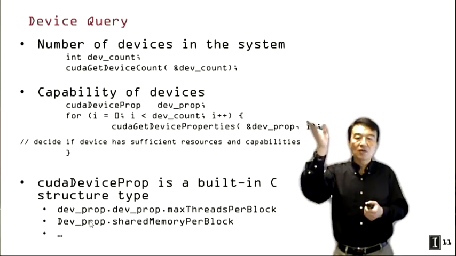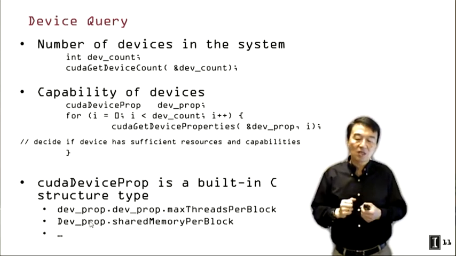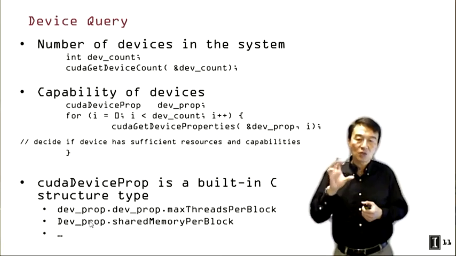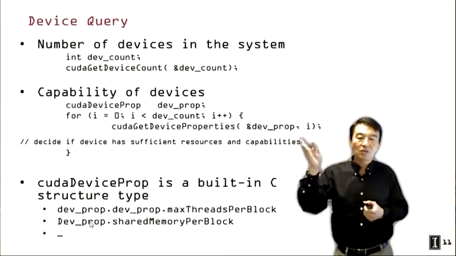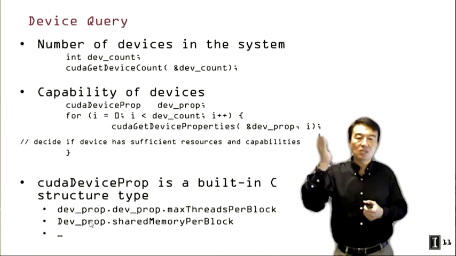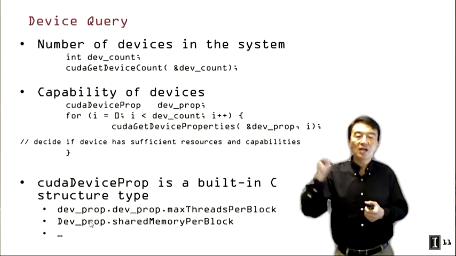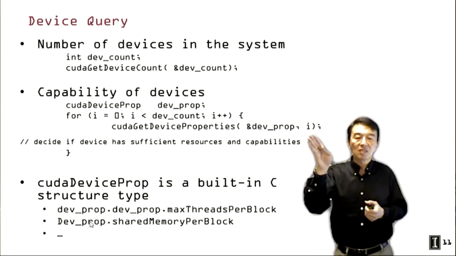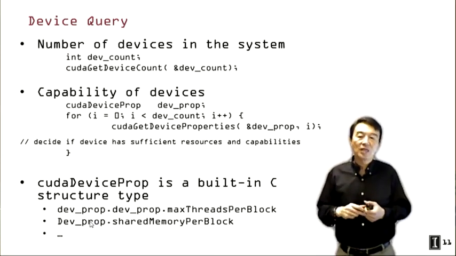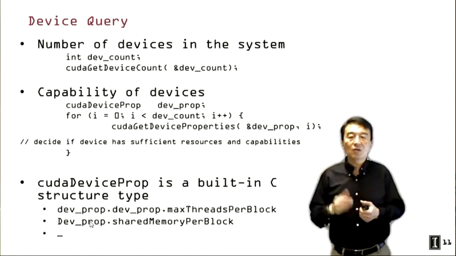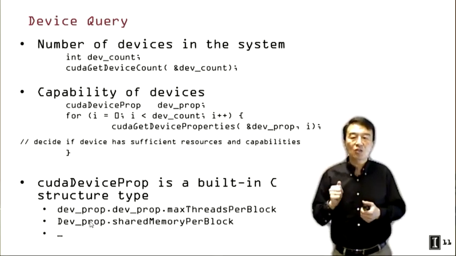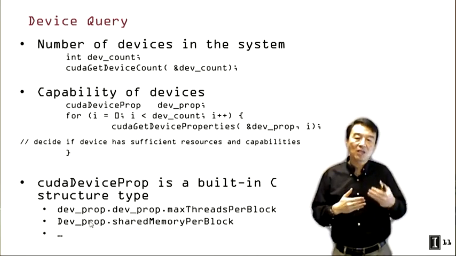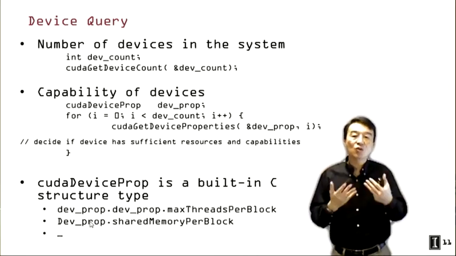You need to give it a variable declared of type cudaDeviceProp, which is a structure variable, and you pass the pointer to that variable into this function call. When this API function returns, it deposits all the properties of the device of this number into the variable. Then you can use a piece of code right after the return of the function to determine if the device has the right amount of resources and capabilities for your use.